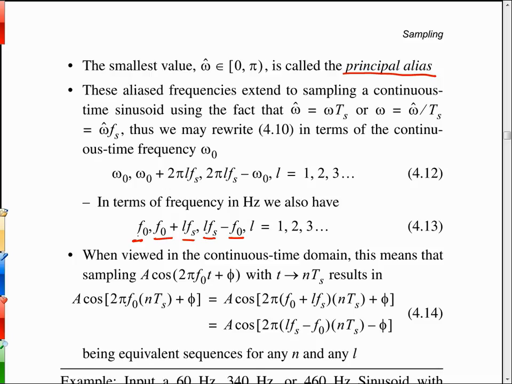These three groupings, if I was to put circles around them, F naught, F naught plus LFs, and LFs minus F naught, are all one and the same when it comes to aliasing. They all produce the exact same sequence values if we were sampling the sinusoid at frequency F naught Hertz with a sampling rate of Fs samples per second.